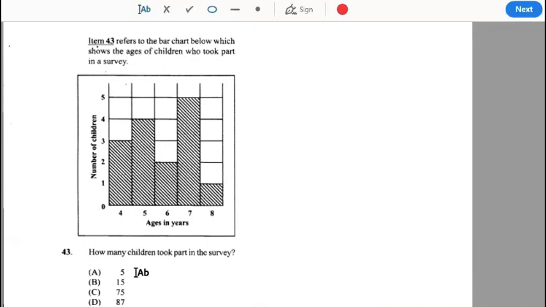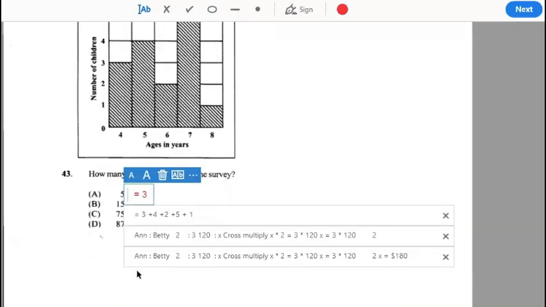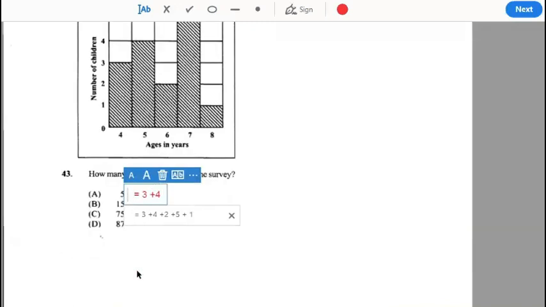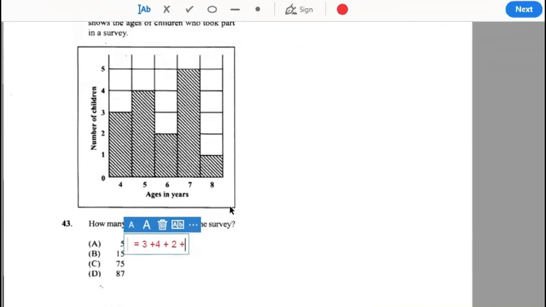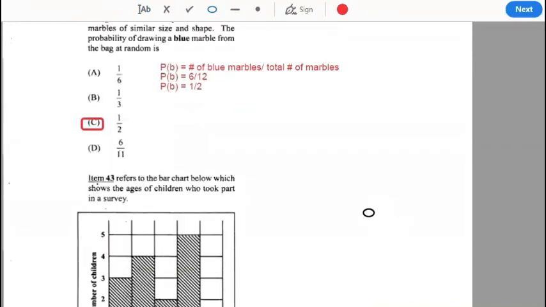So attached to 4 years is 3, attached to 5 years is 4, number of children attached to 6 is 2, attached to 7 is 5, and attached to 8 is 1, and when you add all that, you will get 15 as your answer.